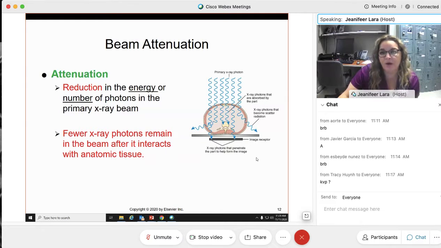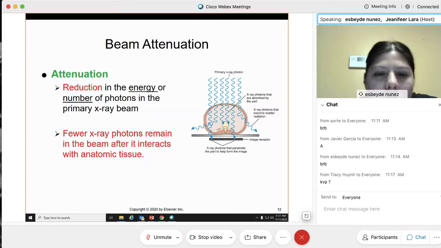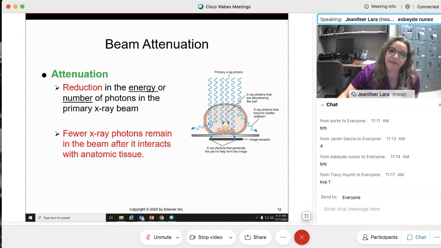How many are in the remnant radiation beam? Or the remnant beam, to be simple. 2. What happened to the other 4? 2 of them were absorbed inside of the patient through which interaction?